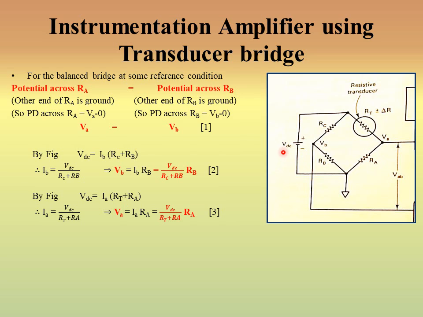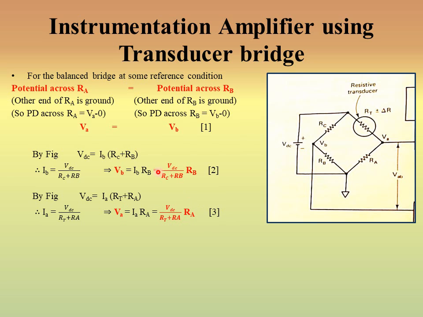If we write Kirchhoff's equation in this loop, we get VDC is equal to IA times RT plus RA. Again we calculate IA, and then we calculate VA. VA will be the current flowing through RA, so IA into RA. So IA is VDC upon RT plus RA, into RA.